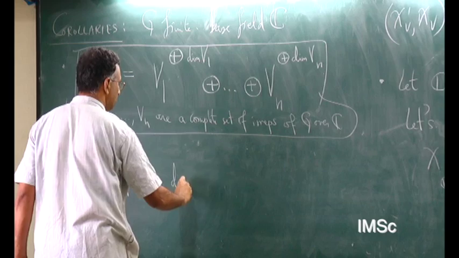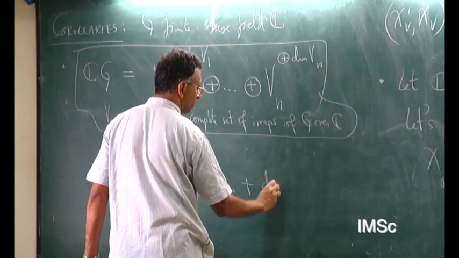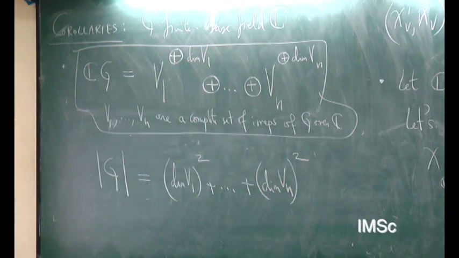So, that's the dimension of V1 squared plus dot dot dot plus the dimension of Vn squared. So each dimension squared is bounded by the cardinality of G. Maybe that's even a stupid bound, but yes, its square is bounded by the cardinality of G.